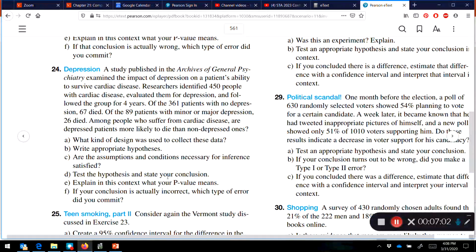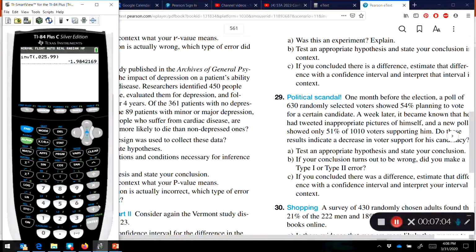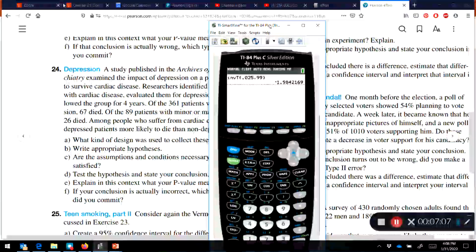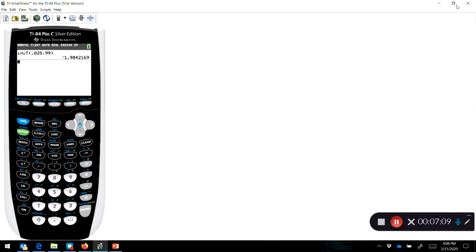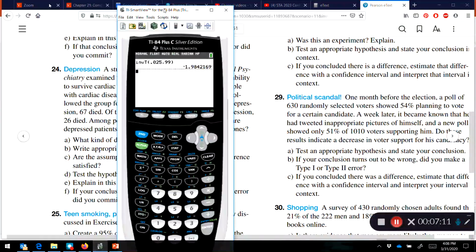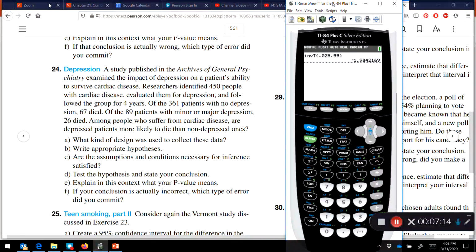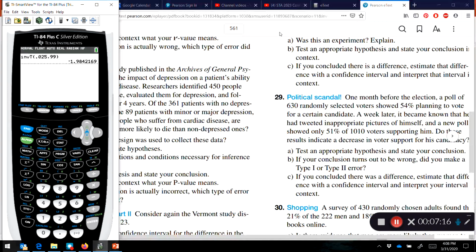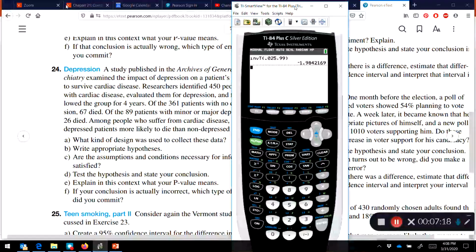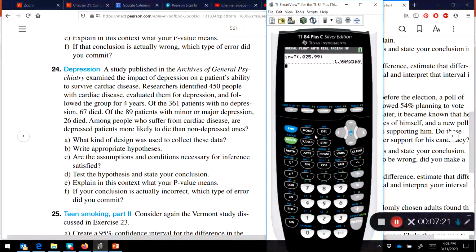All right, so now let's test the hypothesis and state our conclusion. To test the hypothesis, we're going to come over here to our calculator. It's not cooperating today. Let's just move. Okay, there we go. Stat, and then go over to the tests, and then I want to go down to the 2 proportion Z test, and that is option 6 here.